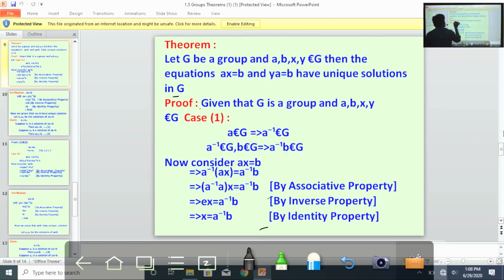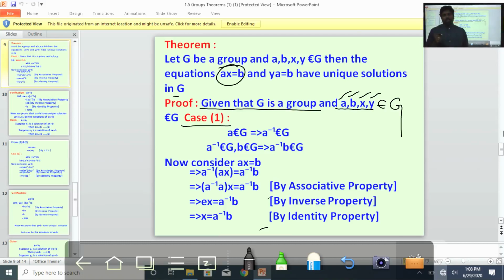Coming to the proof, given that G is a group and a, b, x, y belong to G. Case 1, Ax equal to B. First you find the solution of Ax equal to B. Next we show that the solution is unique.